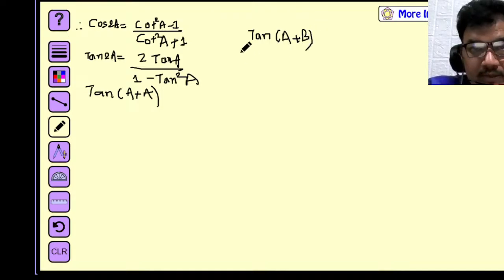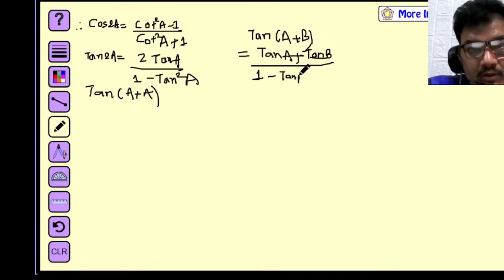Its formula is tan a plus tan b upon 1 minus tan a into tan b. This is the formula of compound angles.